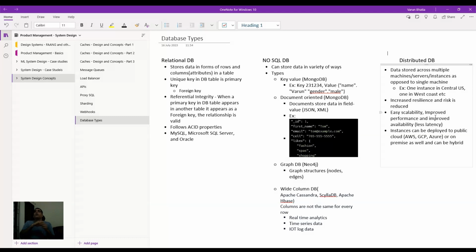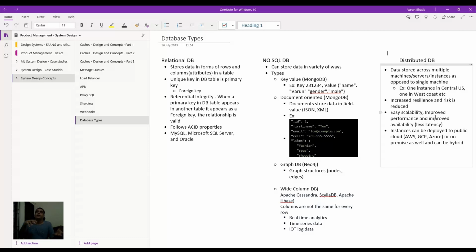You can deploy the instances of your distributed database across public clouds, for example AWS, GCP, and Azure, or you can do an on-premise solution as well, or a hybrid approach. On-prem, for example, could be a database set up on your company's premises.